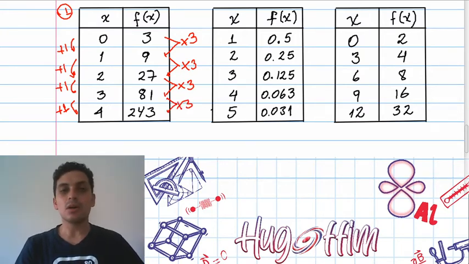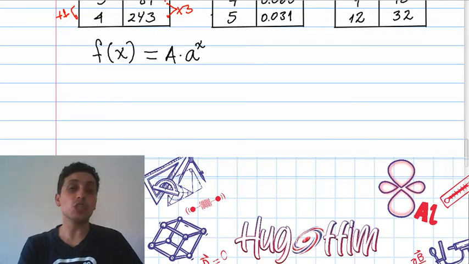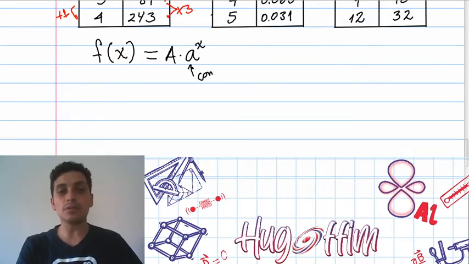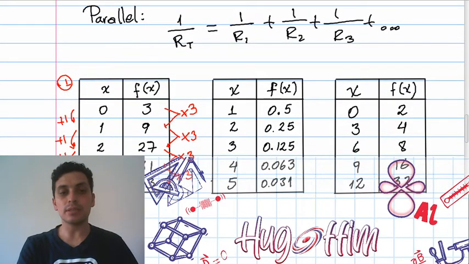Okay, so the function rule when you have exponential functions is given by capital A times small a to the x power. This is the idea of the function rule when you have exponential functions. So this small a is the common ratio, so it will be the number that we're multiplying every time in the trend.